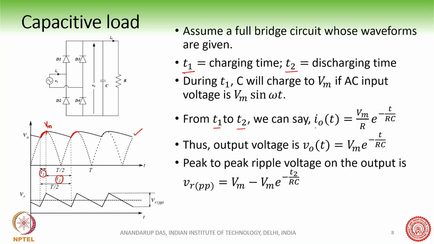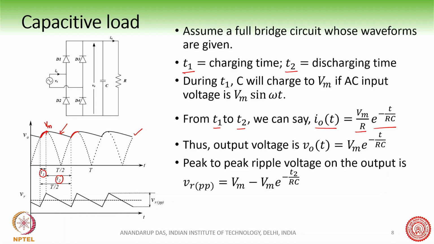So we can say that the output current here is Vm by R e to the power minus t by RC. It is falling with an RC time constant tau.